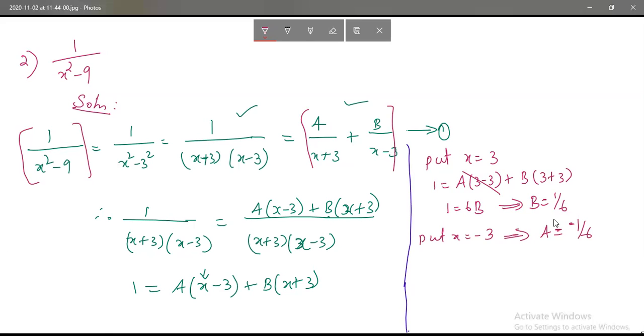So minus 1 by 6 by x plus 3 plus 1 by 6 by x minus 3. So that is how equation 1 becomes.